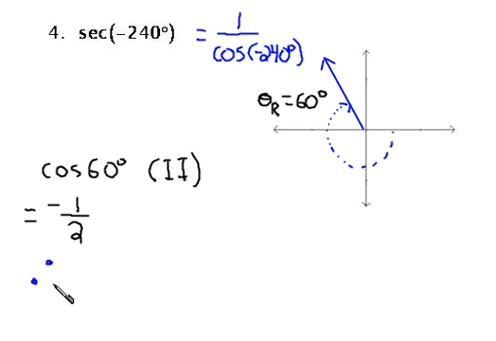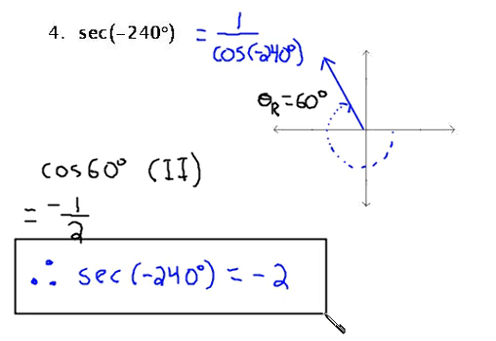And this would tell us next that the secant of negative 240 is therefore equal to negative 2. This is one you could have used your calculator on as well. So had you just keyed in 1 over cos negative 240, you've got the answer.